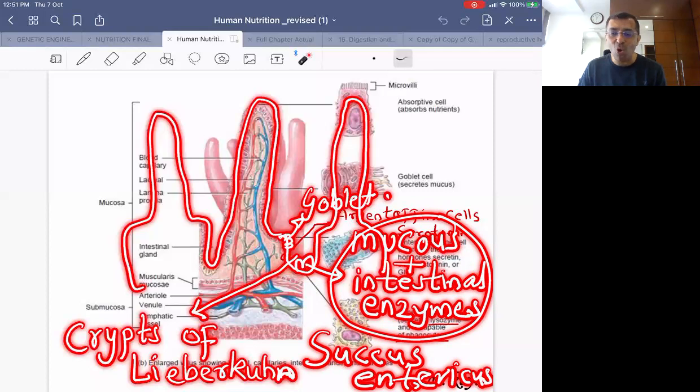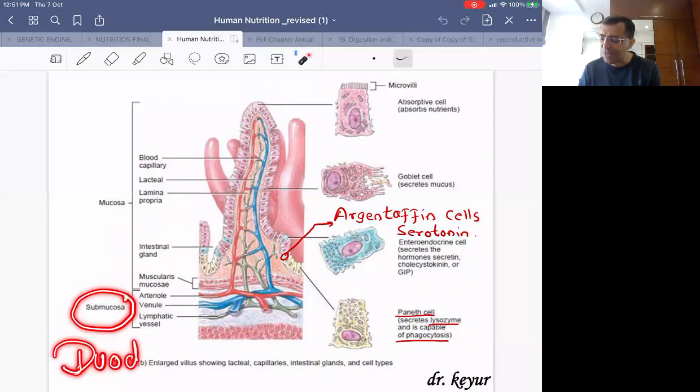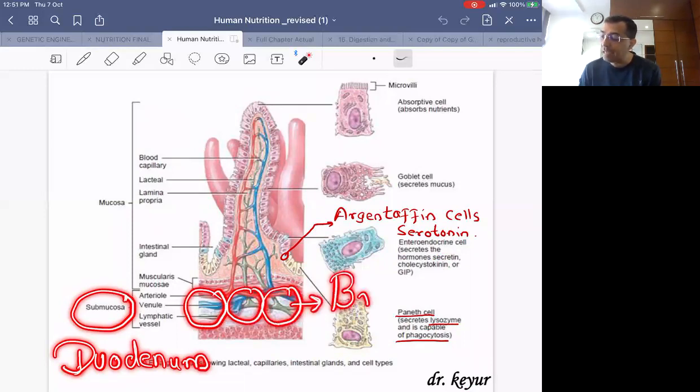Intestinal juice is called succus entericus, made up of mucus given by the goblet cells and intestinal enzymes. In the submucosa of the duodenum are found specialized glands called Brunner's glands.